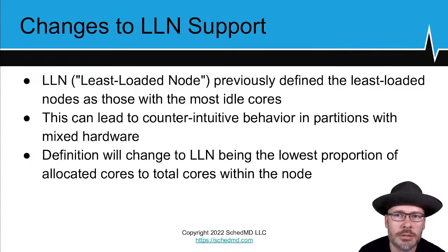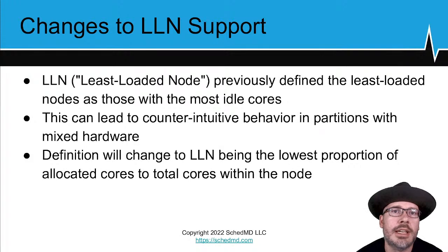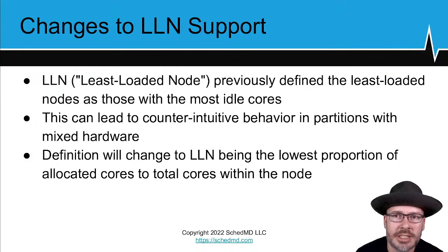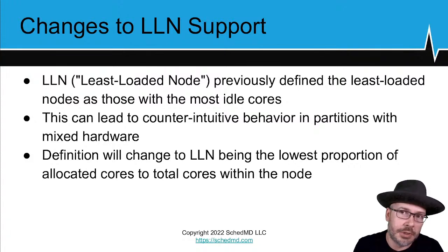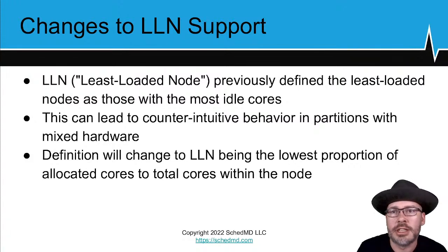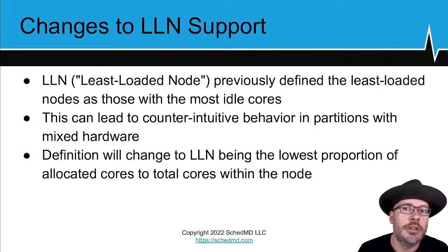Another minor but subtle change that's come in with 22.05 is a tweak to the definition of LLN. LLN, short for least loaded node, is an option that you can enable on the partition to tell Slurm to spread workload out throughout all of the compute nodes in that partition. Otherwise, by default, Slurm is always trying to pack the workload into as few nodes as it can to try and leave the greatest number of complete nodes available to a hypothetical future large job that needs to come and occupy the system.